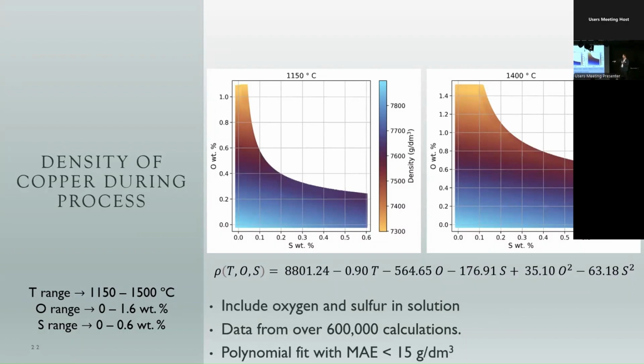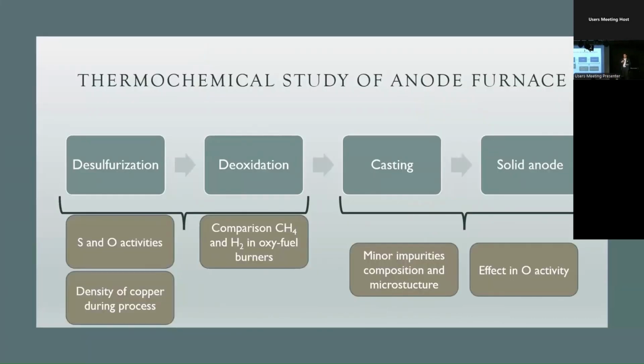And now we can see a little bit better how each of them is affecting. That's more graphical, and we can calculate the density a little bit easier, and the error is also quite nice, with a mean absolute error below 15 grams per cubic decimeter. But now let's move to the hydrogen part.